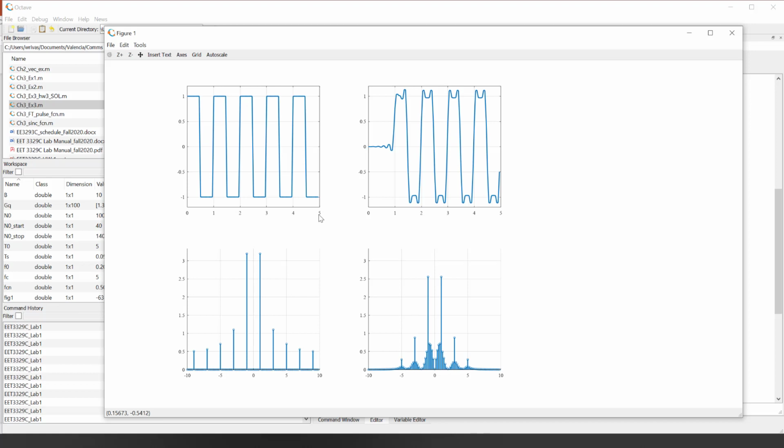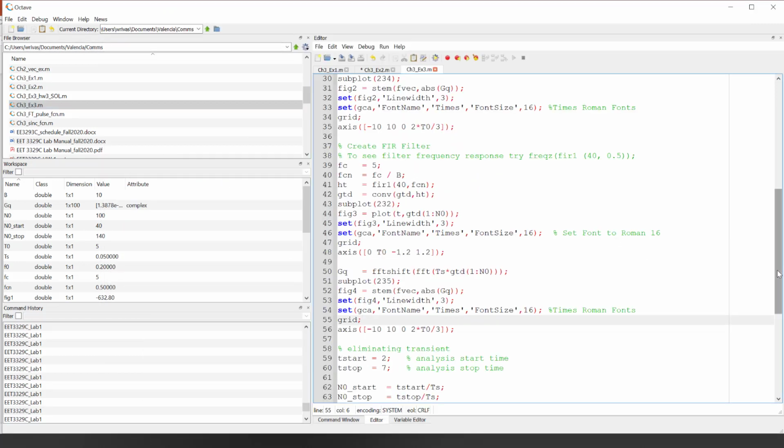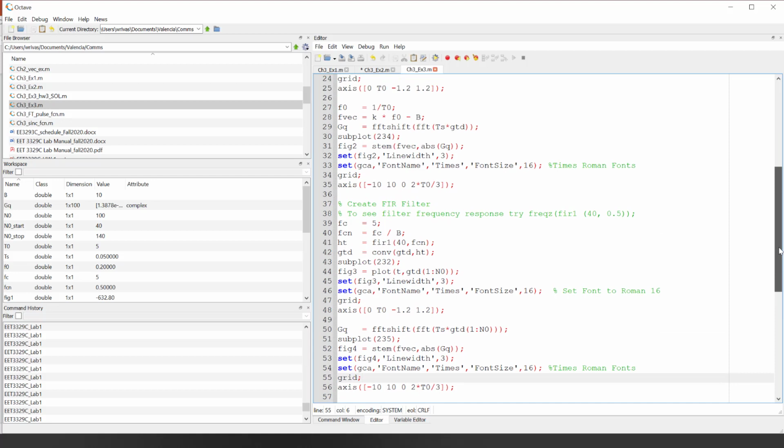And if I do the Fourier transform, I am only looking at the magnitude. I neglected to say that in the code. Let me go back real fast to the code and show you guys that. So I did the FFT, and when I went to plot it, notice how I do ABS of GQ. ABS stands for absolute value, which if it's a complex number, gives you the magnitude. Okay?